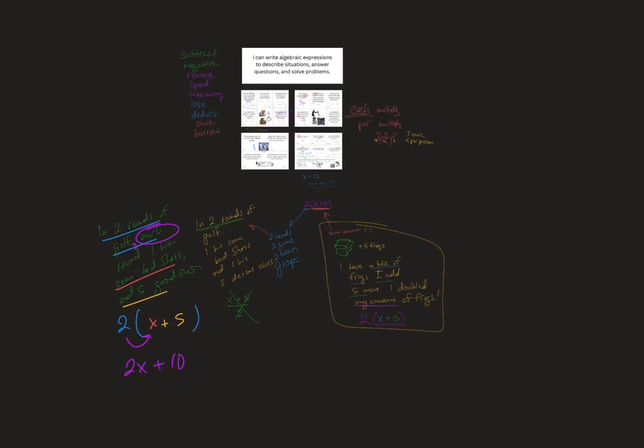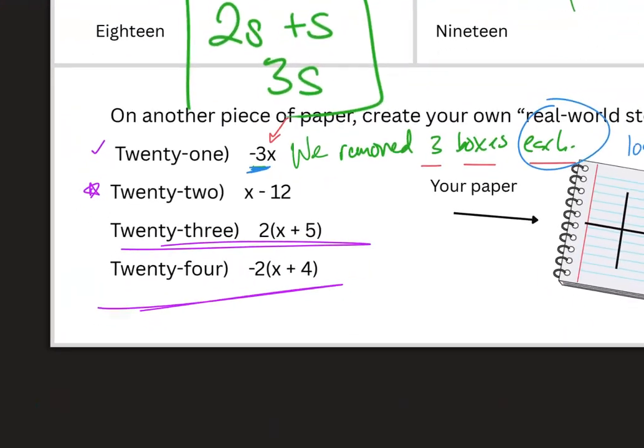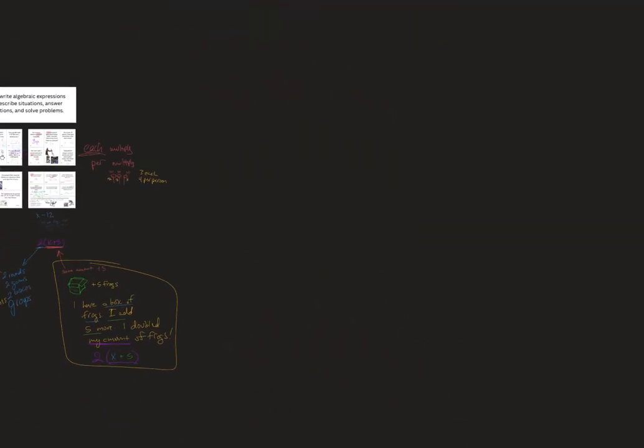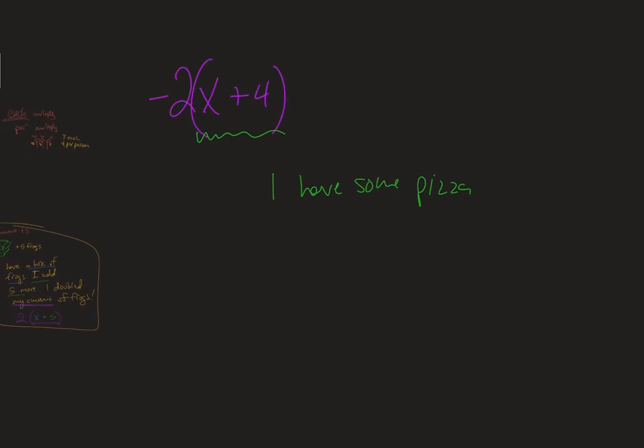Let's see, the last one we're gonna do is negative 2x plus 4. So let's slide over here. Negative 2x, negative 2 times x plus 4. So again, if we start with this part, is I have some pizza and 4 extra slices.